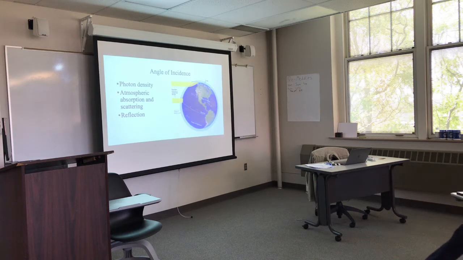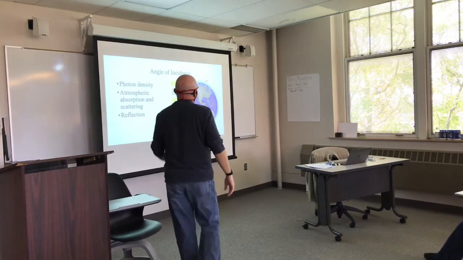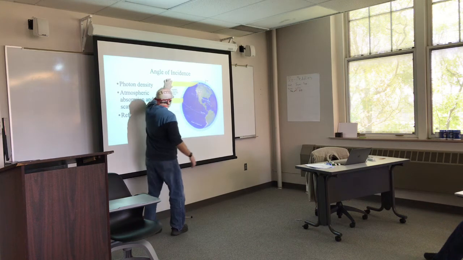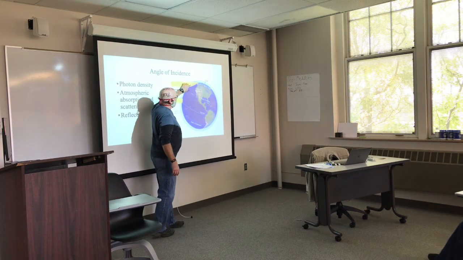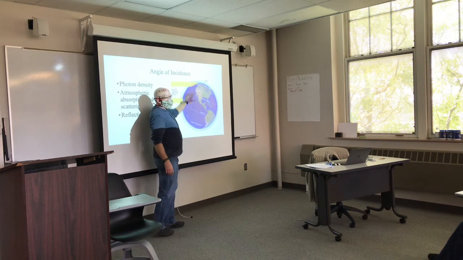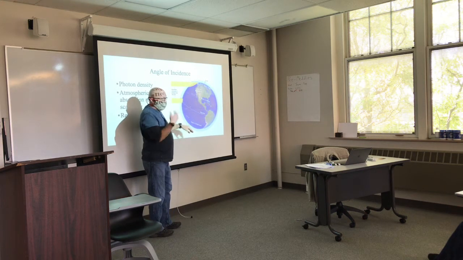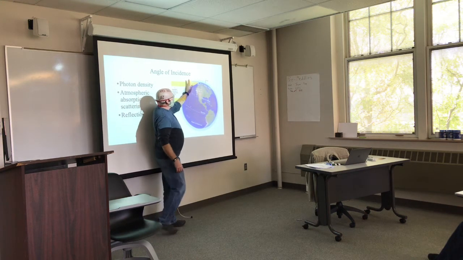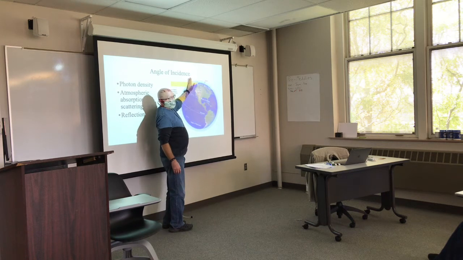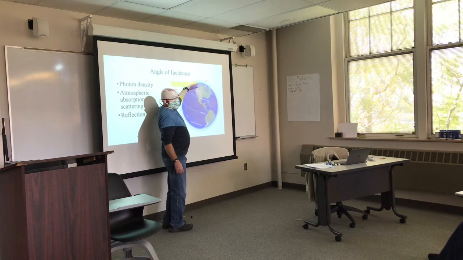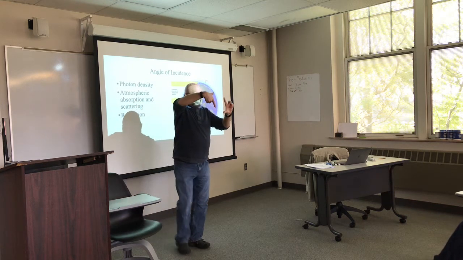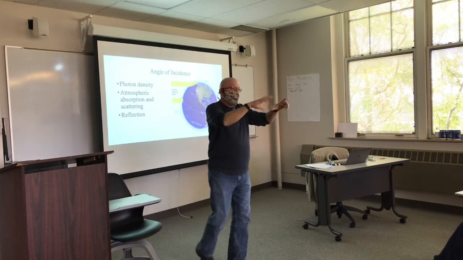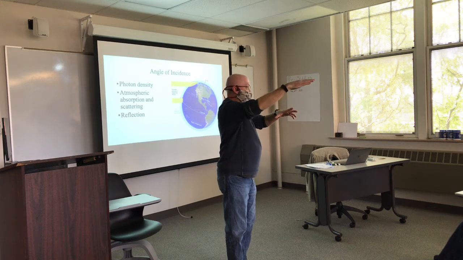On the other hand, if you have a 1 square meter area of photons coming to the Earth at higher latitudes, either higher latitudes north or higher latitudes south, it doesn't hit at a perpendicular angle, it hits at an oblique angle. And so you take that 1 square meter of sunlight and you're spreading it out across a much wider area.